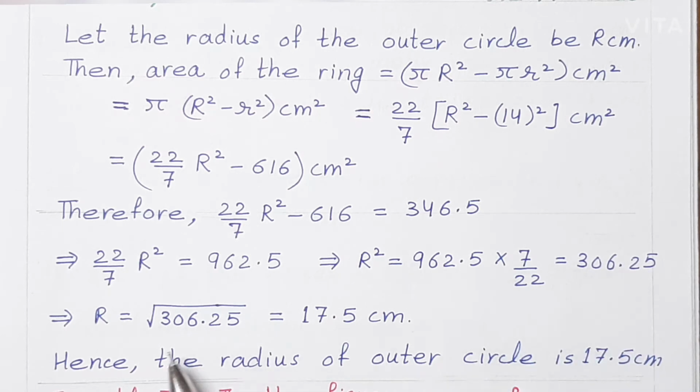Now students, let us find the value of R by long division method. So we'll get the answer as 17.5 centimeter. So hence radius of the outer circle is 17.5 centimeter. I hope it is clear to everyone now.